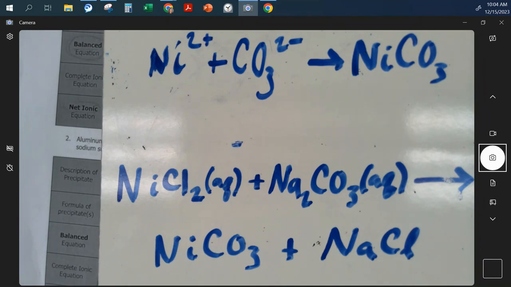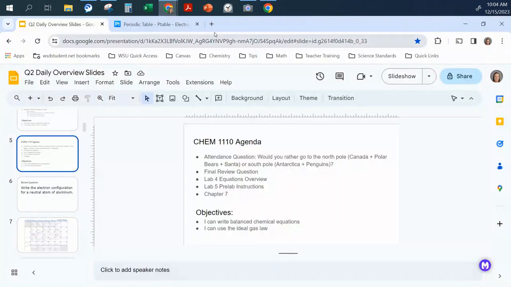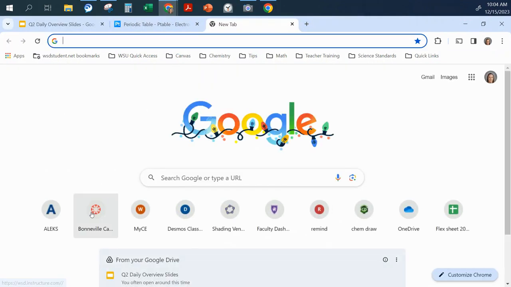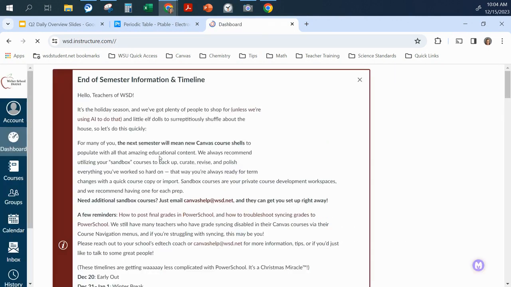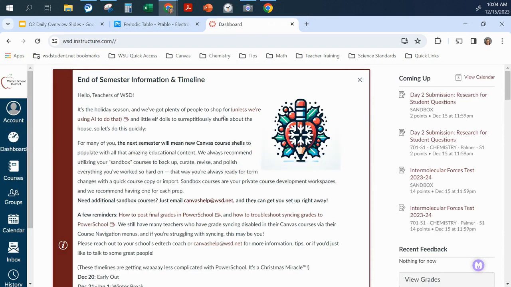So we have to figure out which one is a solid and which one is dissolved in liquid.